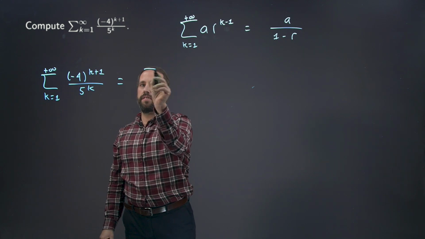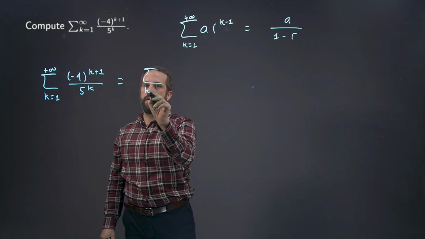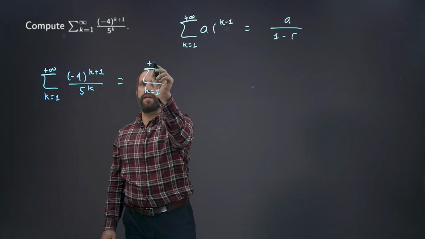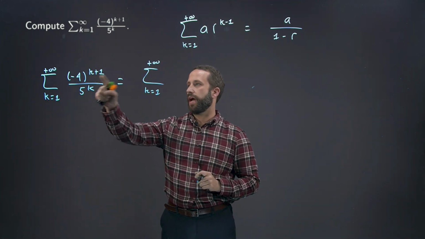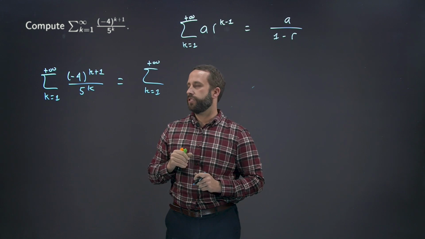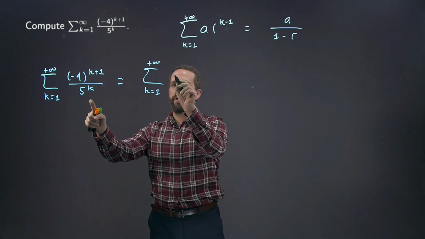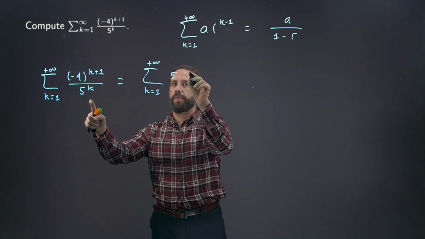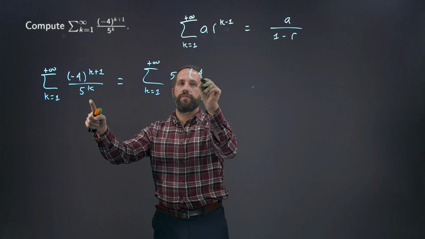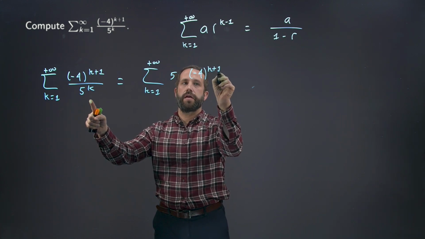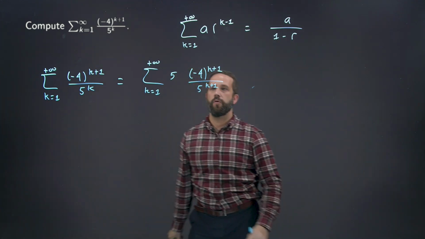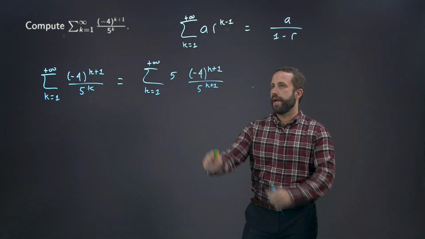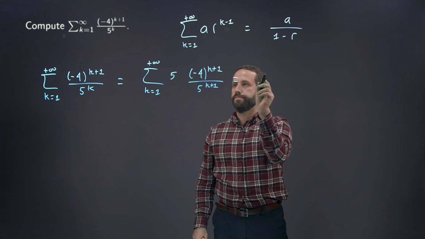So I'm going to have this as k equals 1 to infinity. I've got 5 to the power of k. I've got k plus 1. So there's two things that I could do here. Here's what I'm going to do. I'm going to multiply this by 5. And if I do that, I've got k plus 1 over 5 to the power of k plus 1. OK, so now both of these are k plus 1.